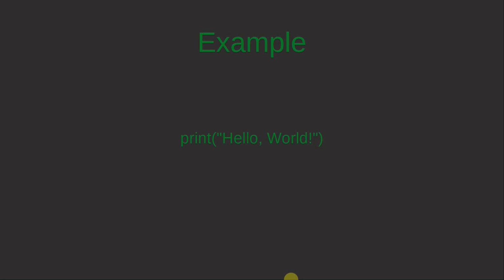Example: first code line is print, for printing. Print "Hello World" in this format, between double quotation marks or single quotation marks.